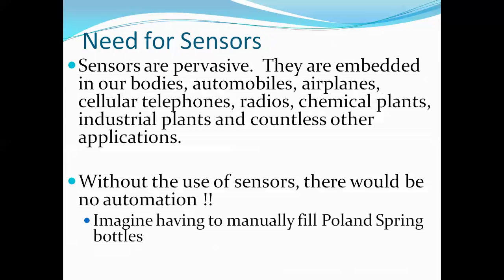Here is the question: why the need for these sensors? Sensors are pervasive, embedded in our automobiles, airplanes, cellulars. There is either a contact type of mode or a non-contact type of mode. Without the use of sensors, there will be no automation.